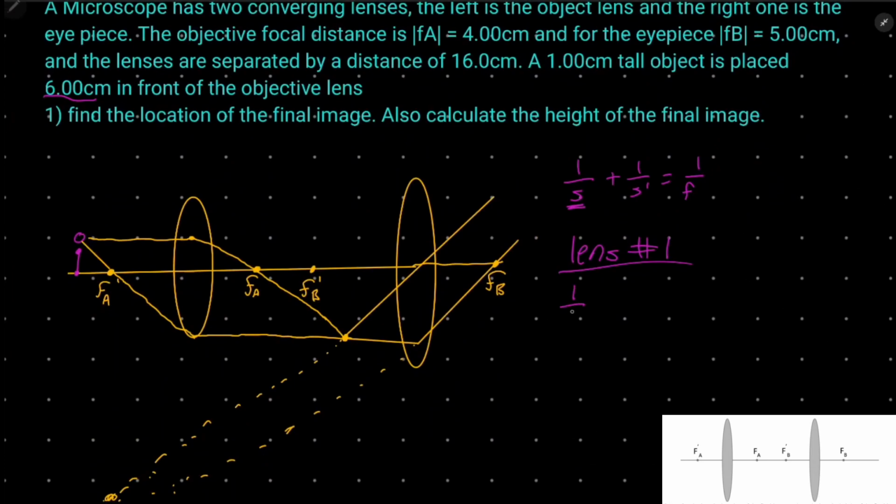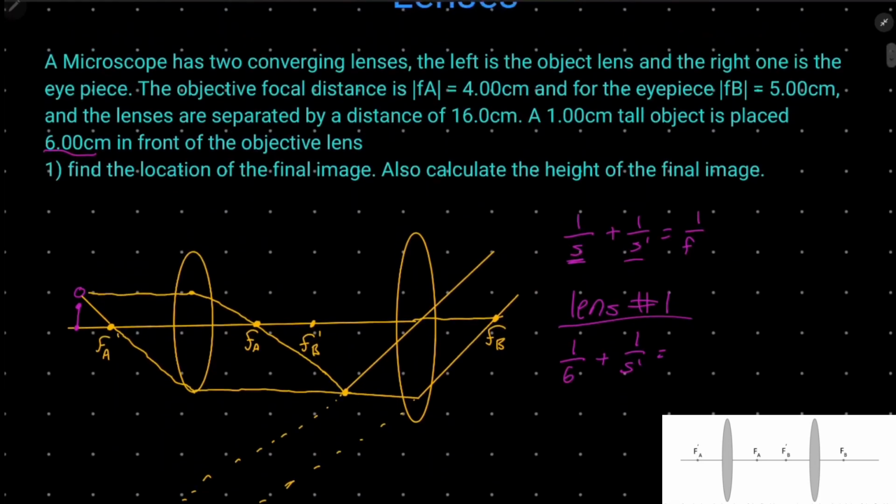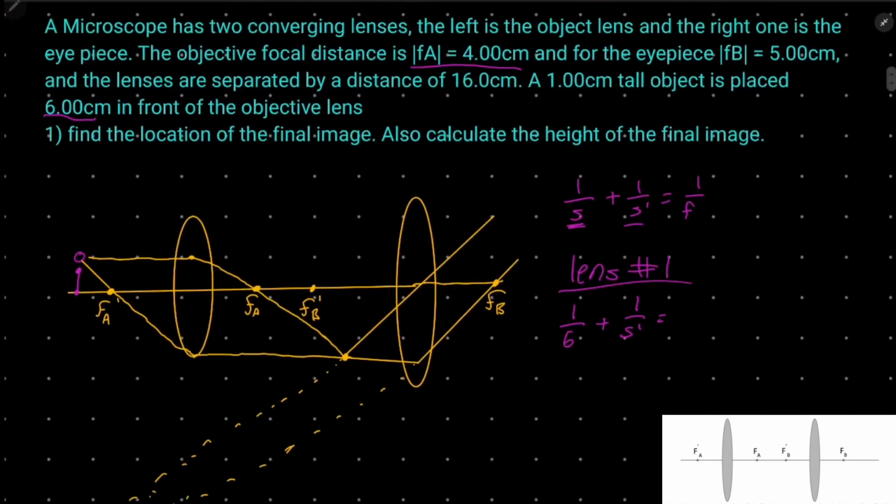So we will start with 1 over 6 plus 1 over s prime, where s prime is the final distance after it has passed through the lens, which is what we're trying to find. And then we need the focal length of the lens we've passed through, which, if we go up to our question, is 4 centimeters. So we will have 1 over 4.